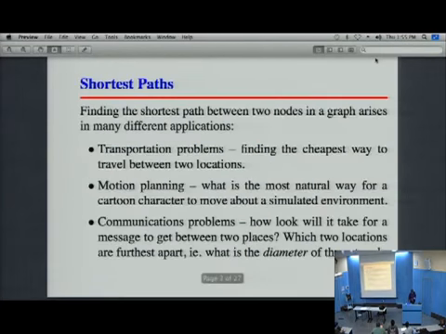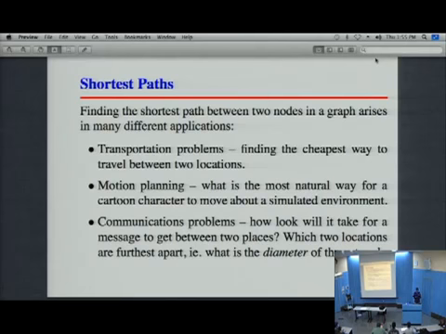What I'd like to talk about now is the weighted graph problem that everybody knows, although you don't know how to find it. And that's finding shortest paths.